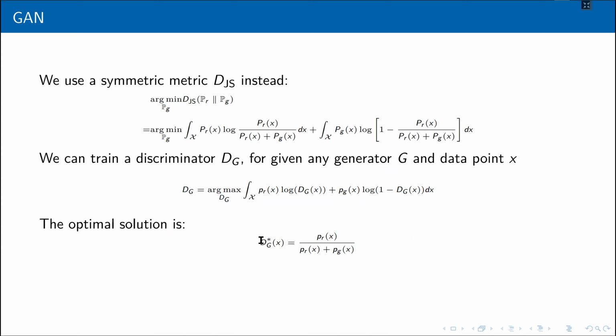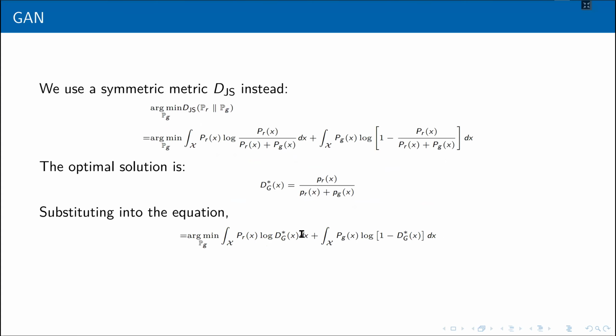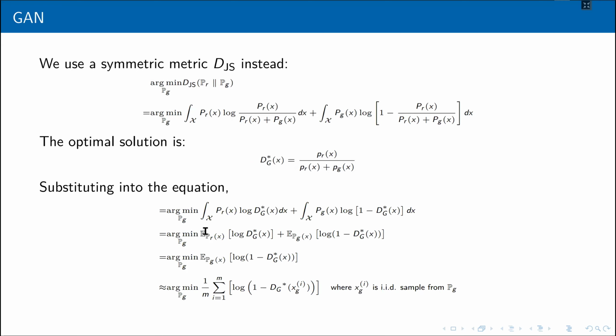The optimal discriminator looks like this. And you can substitute this term into here. We get this, and we can rewrite it in expectation form. And this term has nothing to do with the generative model.